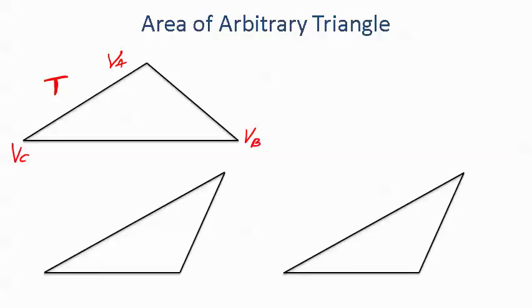One approach we can take is to draw a perpendicular from one of the vertices to the opposite side. So here we draw a perpendicular from vertex A to side A.